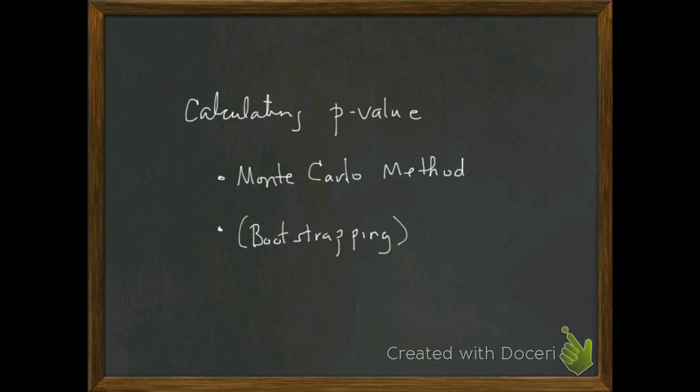So this one is distribution free. Bootstrapping assumes an underlying distribution. So it makes total sense to use a Monte Carlo method if we were going to calculate the p-value. Now guys, I'm not going to get into that here. We're going to let R do those calculations for us.